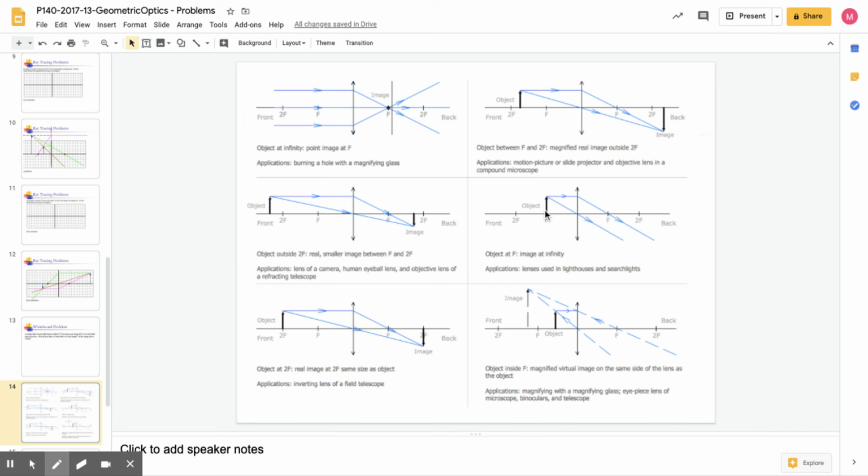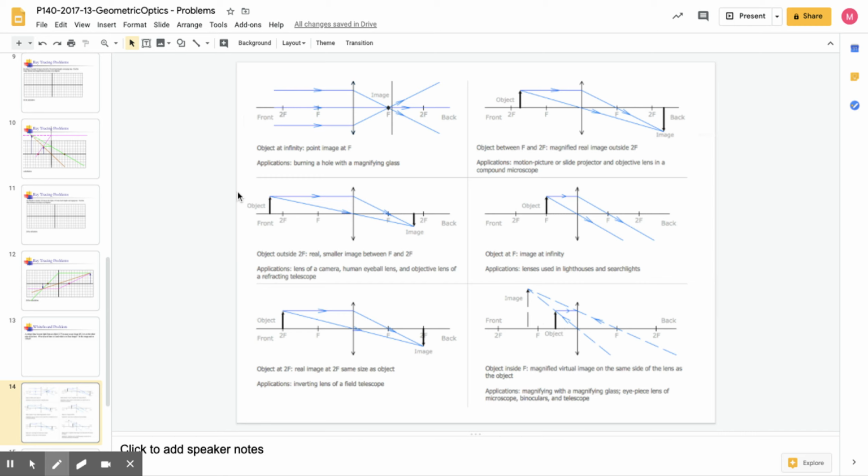Here we have an object right at the focal point, so I have rays leaving parallel to each other that never converge. This means I'm going to have an image at infinity. And here I have an object that is inside the focal point, and I end up with a virtual image.